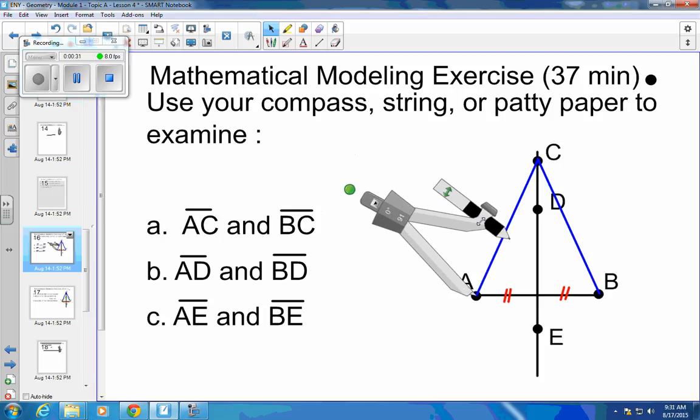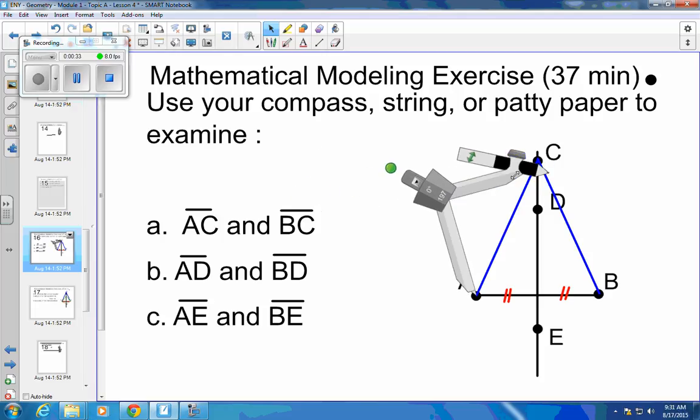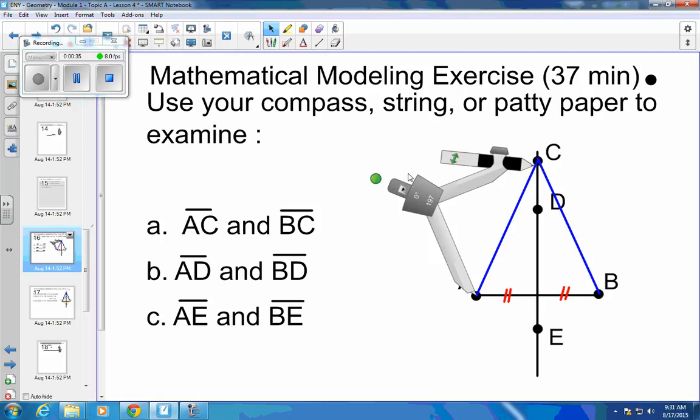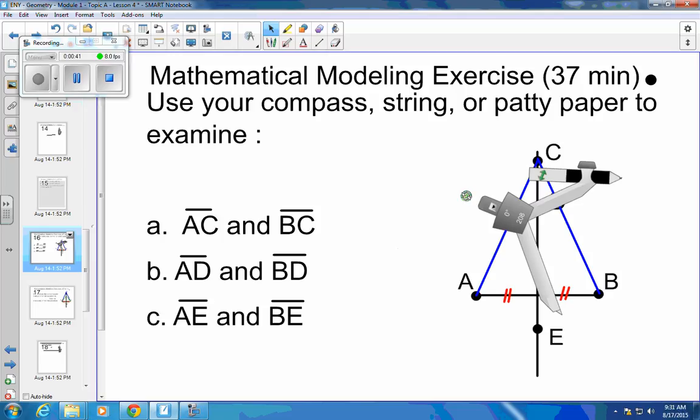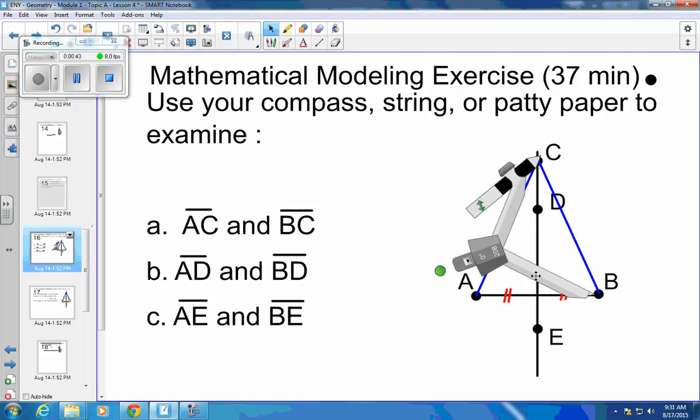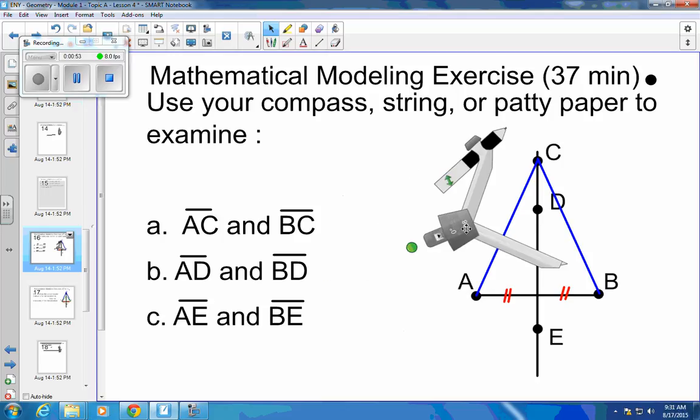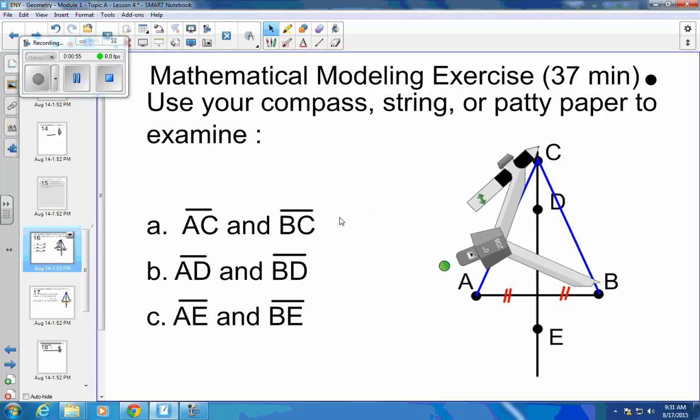So I put this compass here and spread it out so it has a radius of AC, and I move it around and place this at B. You're going to find that BC is a circle with the same radius. So the distance from A to C and the distance from B to C are the exact same.